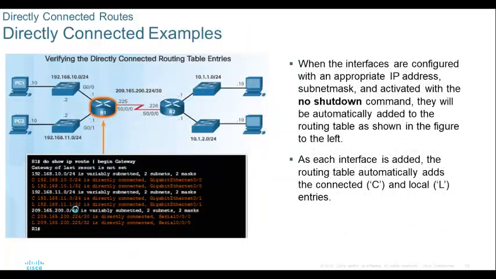So for the directly connected networks, if you see here, this is 10, this is 11. There is a 10 network, there is an 11 network, there is a 200 network.